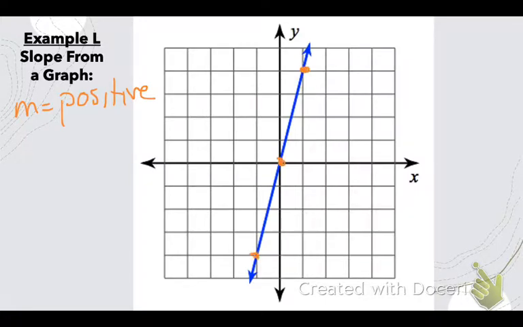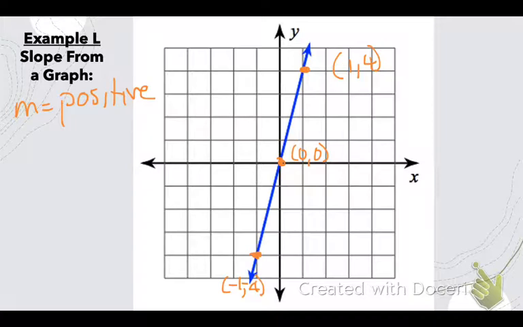We have a perfect point where it intersects the graph at (1, 4), at the origin, which is (0, 0), and at (-1, -4).